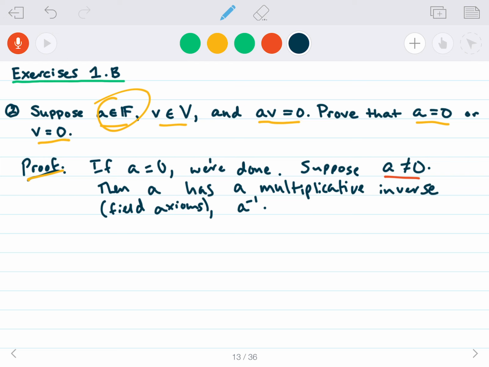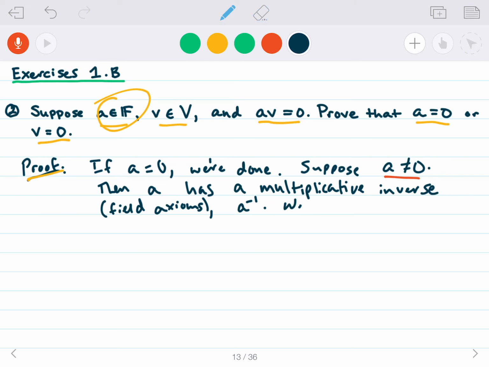Now, you might be tempted to say it's 1 over A, but our field might not necessarily be the real numbers. We know that in the real numbers, the multiplicative inverse of A is 1 over A because A times 1 over A is 1. But we don't know that we're working in the field of real numbers, so we're just going to denote it as A to the negative 1, just in case.